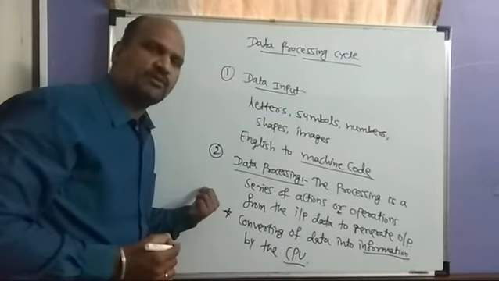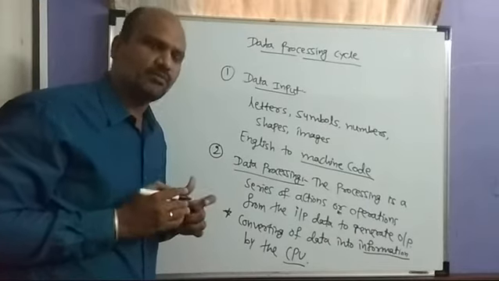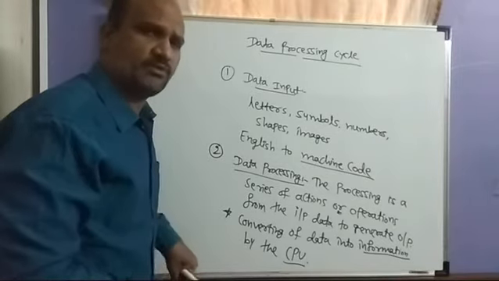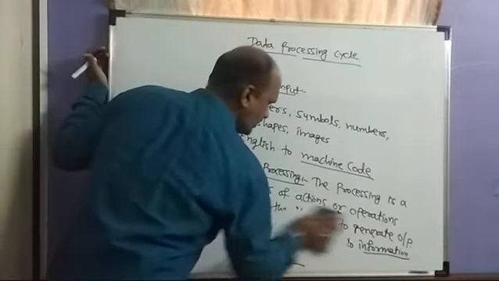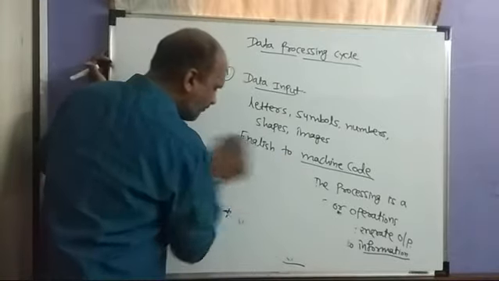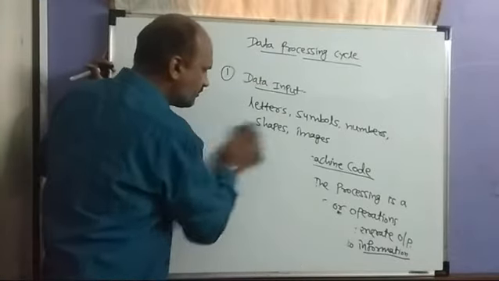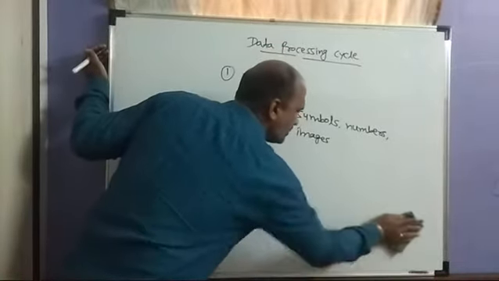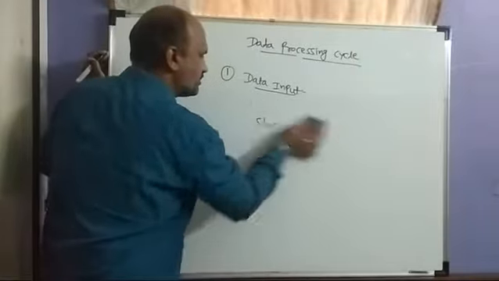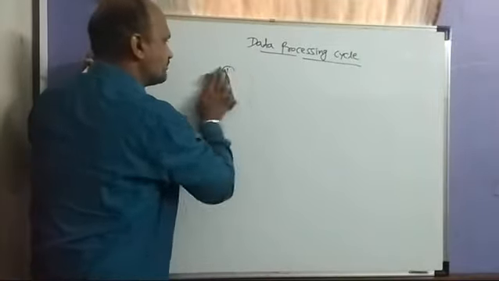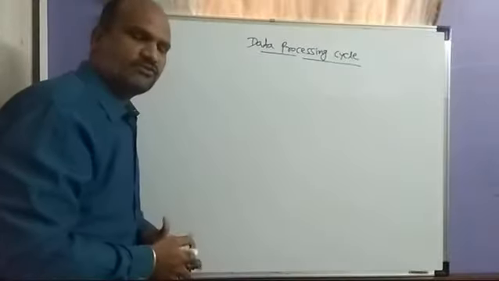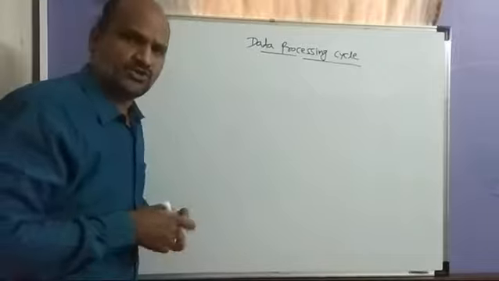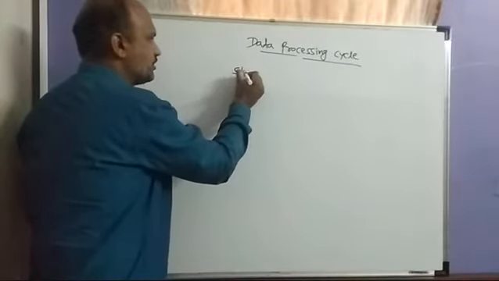So this processing happens in your CPU. Whatever input you give, all the operations will be done on that input, the result is generated as output, and the data you give is processed and comes in the form of information. That will be done in your CPU, the central processing unit. That is data processing. And the third one is the storage. There is a storage.